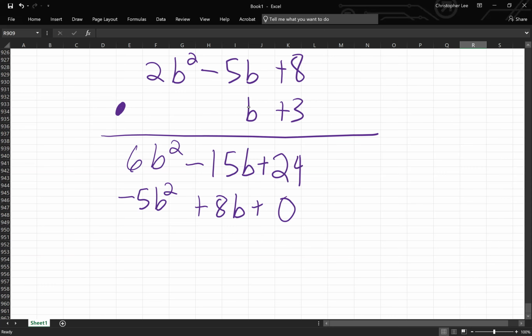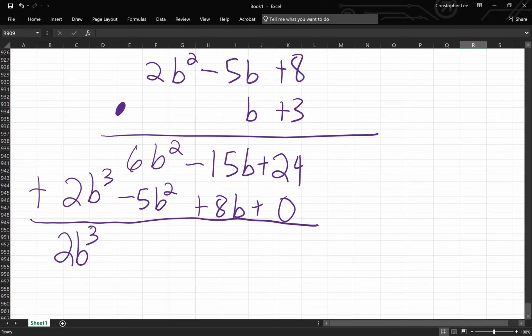Very good. b times 2b squared is what? So 2b cubed, right? And then we want to add all of this together. I always add at the end. 24 plus 0 is 24.